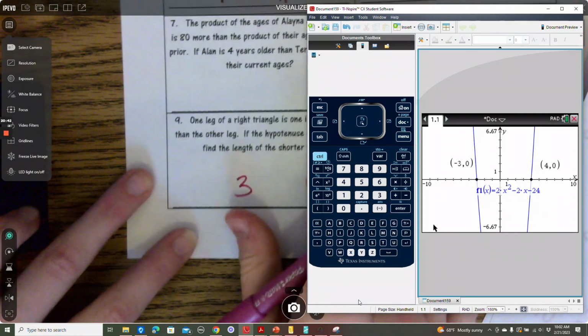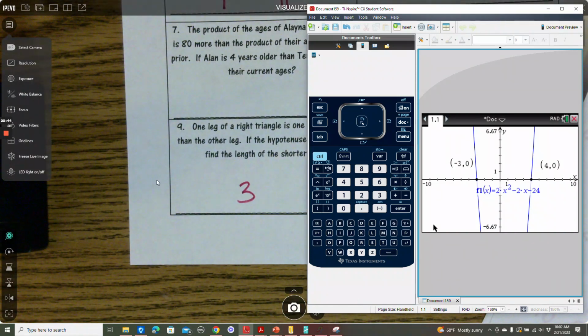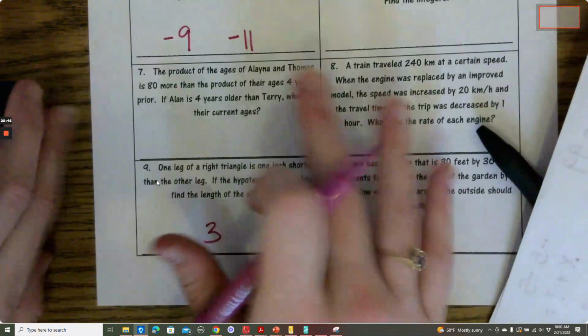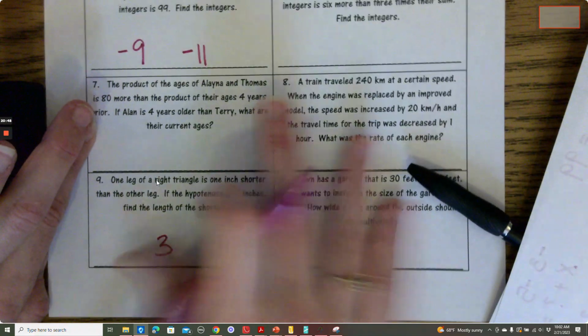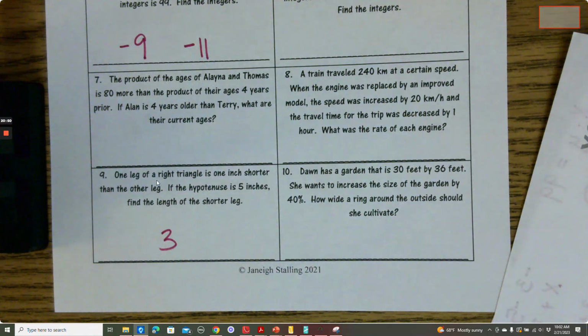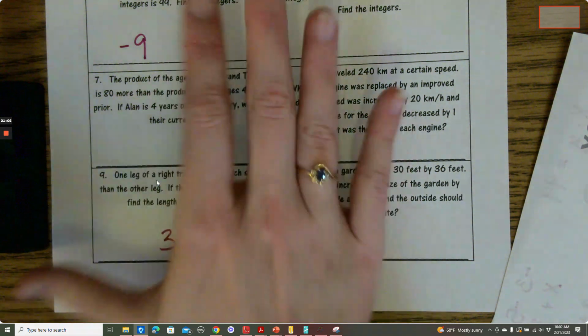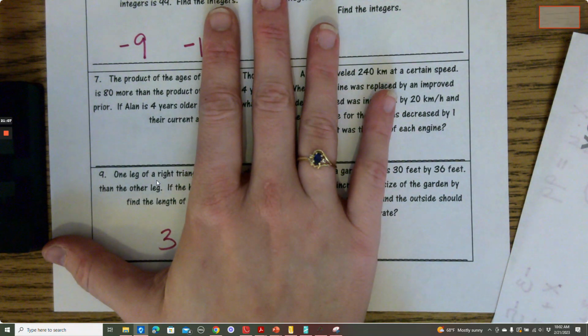Okay. So here's what I'm going to do on this page. And for all you kiddos that are not here today, the same goes for you guys. I know these are difficult. Everything on here is going to count as bonus on the test tomorrow to practice these. There are a couple of word problems on the test tomorrow. But this page, there's not going to be a quiz over this.